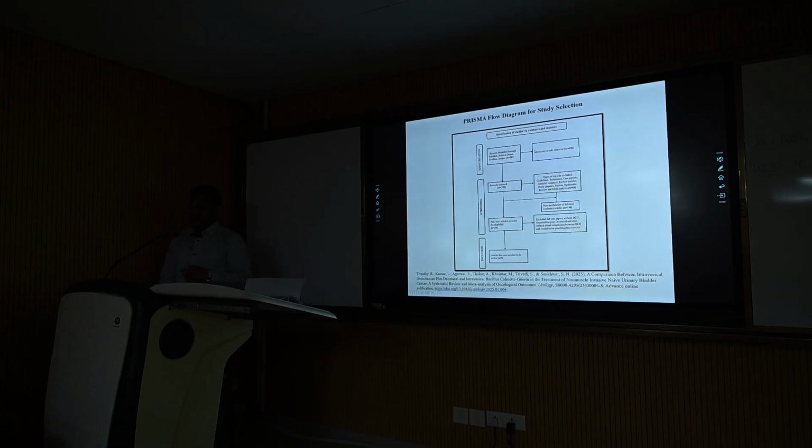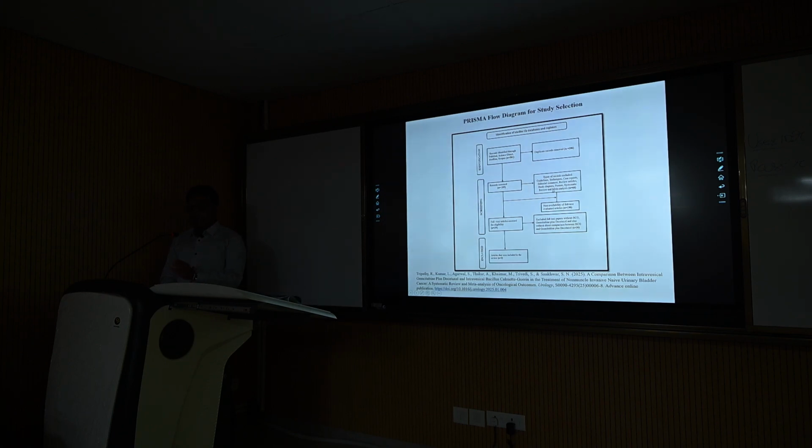This is about the PRISMA diagram for study selection. It's important to have PRISMA for both systematic review and meta-analysis. Regarding our study, first we identified the literature through literature search. There were 501 articles. We removed the duplicates, as I have shown, so 295 articles remained in the screening phase.